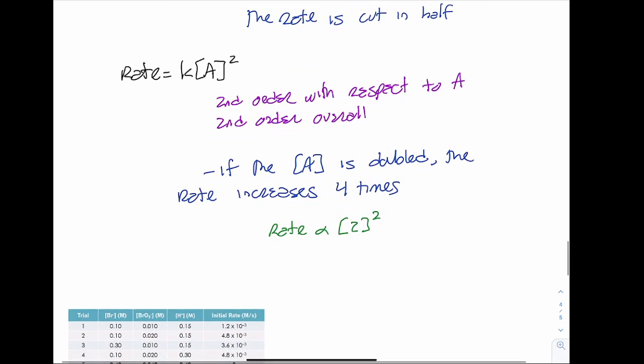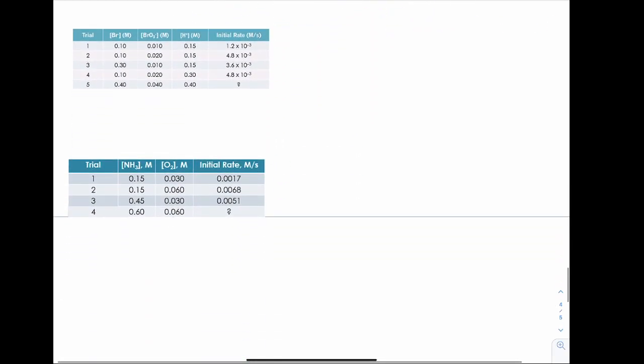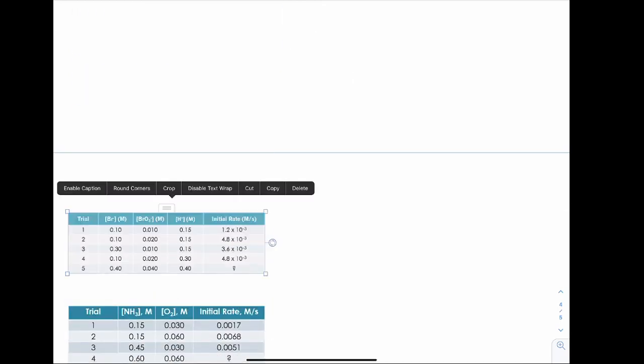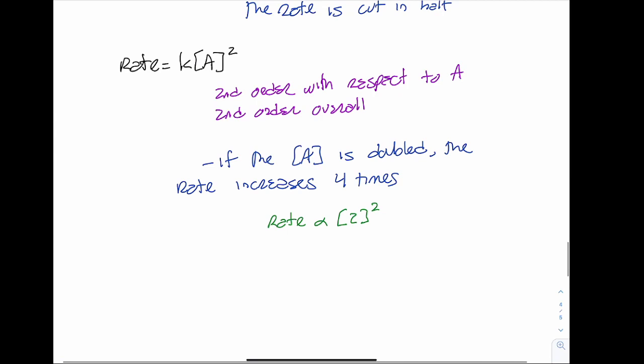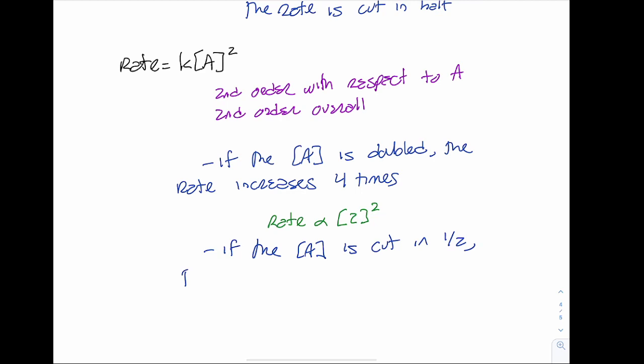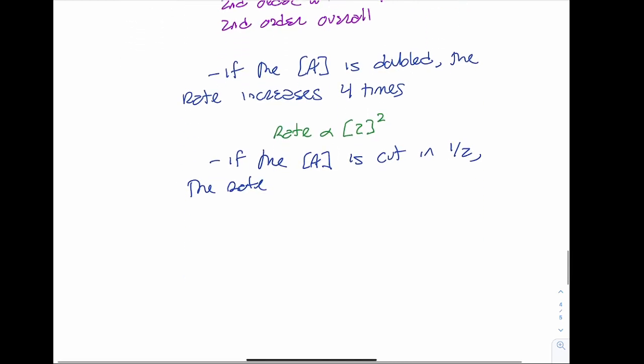If the concentration of A is cut in half, what happens to our rate? What do you guys think? Again, I'm just thinking of my rate as being proportional.